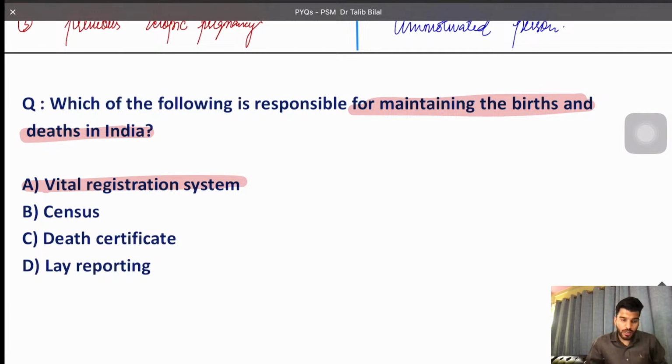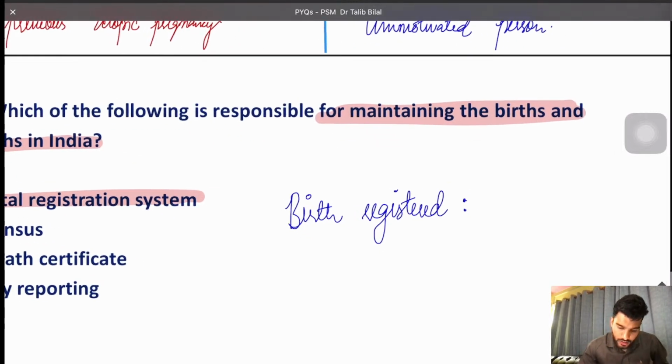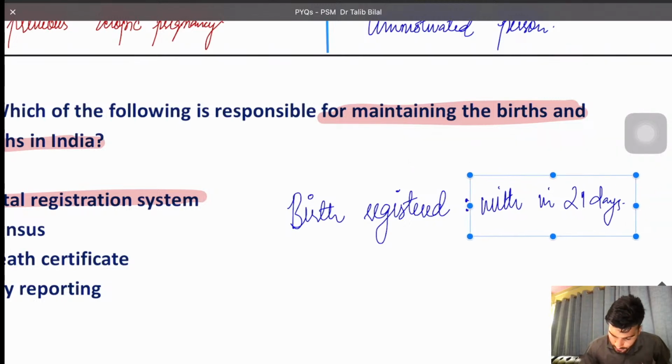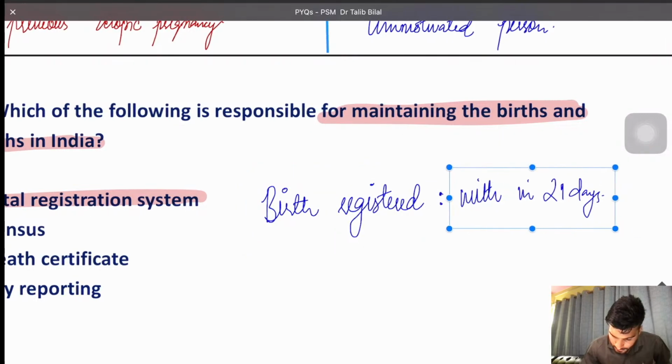Now if I talk about this system, my dear students, write it down. Birth is registered within 21 days.